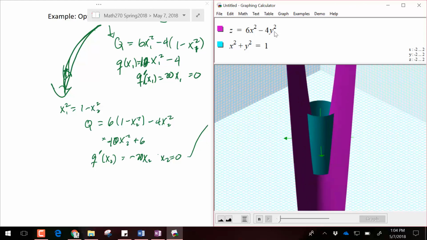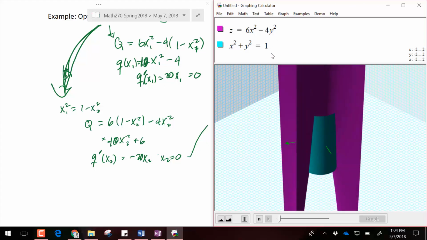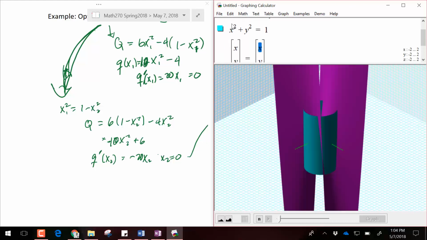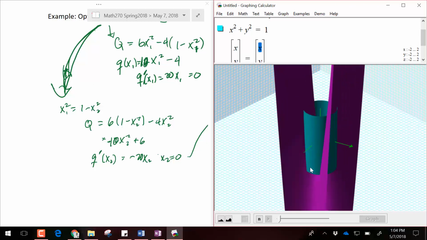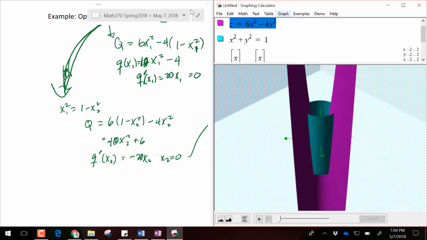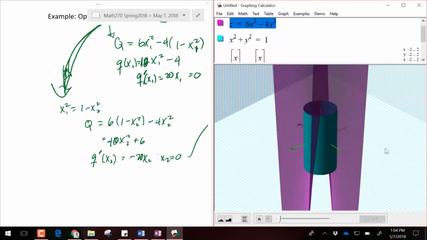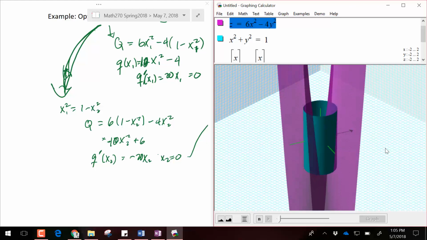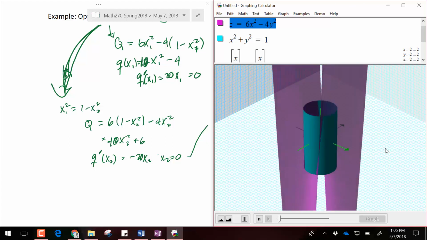So let's see. If we want to cut this down into just looking at the circle part, by the way, what I was trying to draw here was wherever this graph intersects the cylinder is the function that we're looking at in a constrained form.